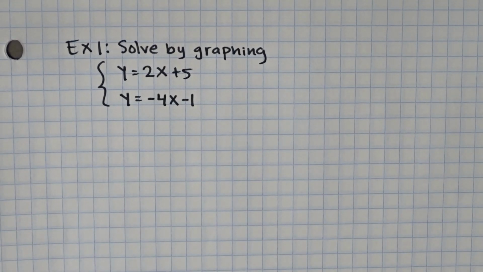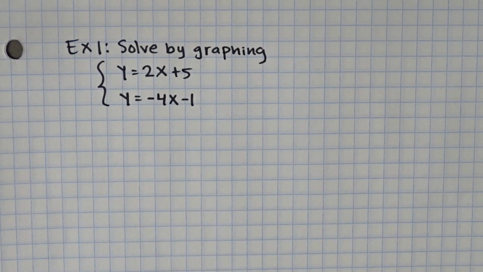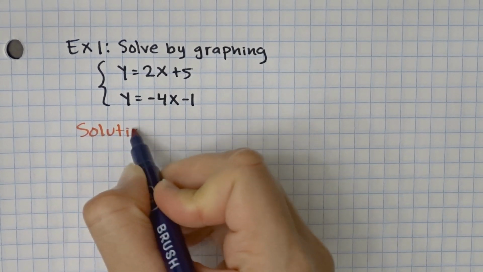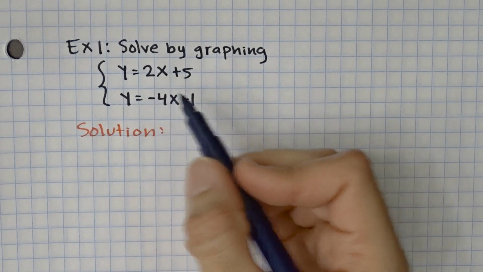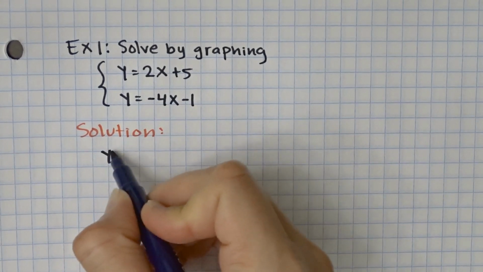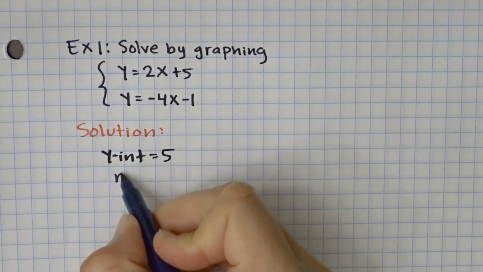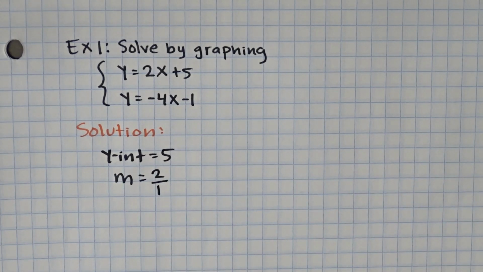So to graph this, same thing we've done before, using your intercept and your slope is the most popular and common way. So for the first equation, I'm going to say that my y-intercept is going to be 5 and my slope is 2, or 2 over 1.